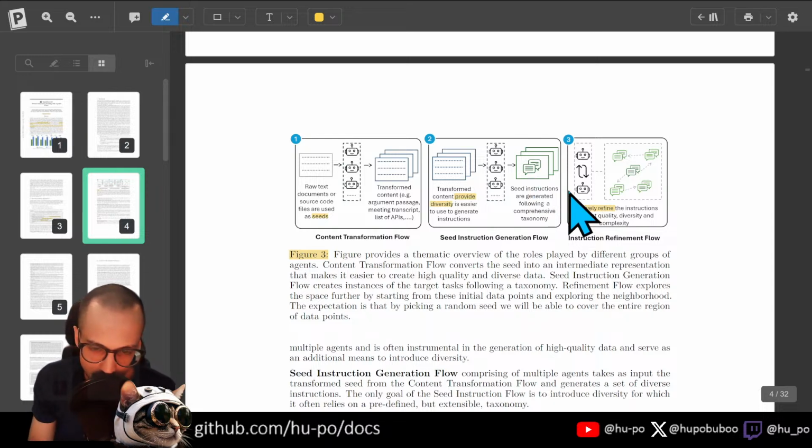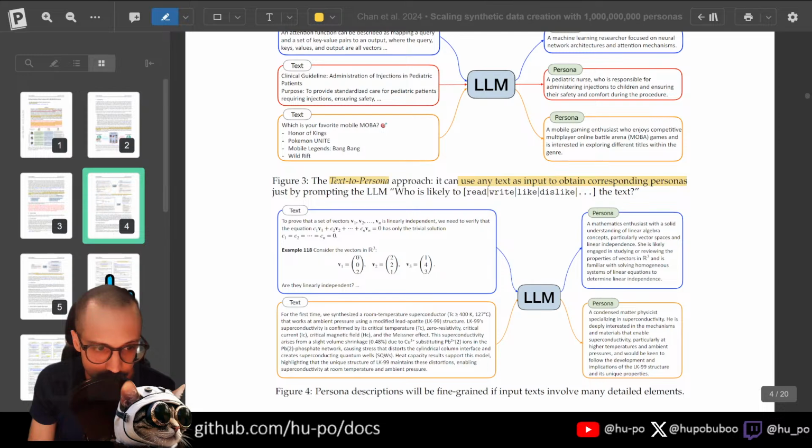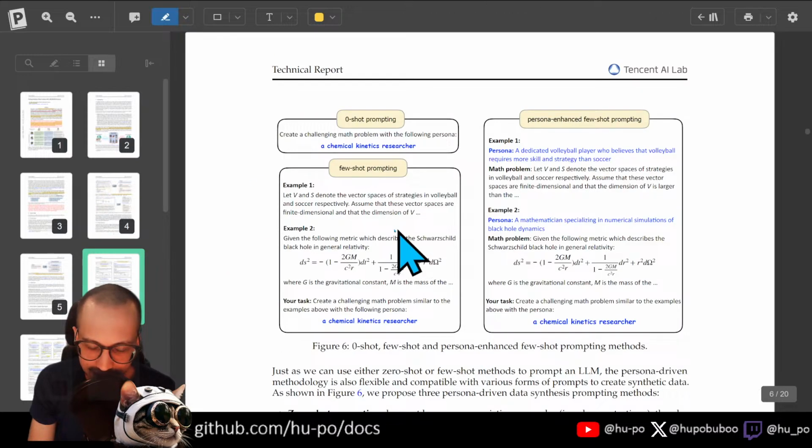So pre-training is one thing, but instruction tuning is what you do afterwards in order to get chatbot-like behavior. So this step here, the seed instruction generation flow, is effectively analogous to this part here, right? Where you're basically using your persona to modify and create an actual little data point that you can use in an instruction tuning process.